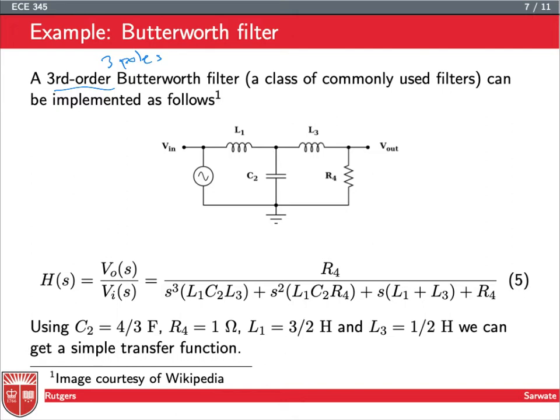Now, of course, you'd say 4/3 farads, that's a gigantic capacitor. Or you can have these things called supercapacitors, which are a little bit smaller, but still maybe take up an inch or so in diameter as a circuit component. So these maybe aren't the most realistic values, but they're nice values to use, at least to get the math right.